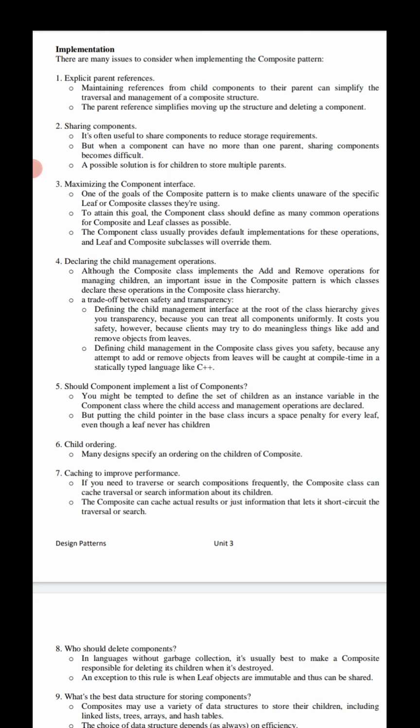The component class should define as many common operations for composite classes and leaf classes as possible. The component class usually provides default implementations for these operations, and the leaf and composite subclasses will override them.